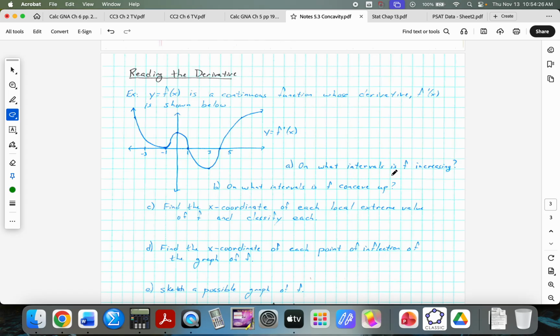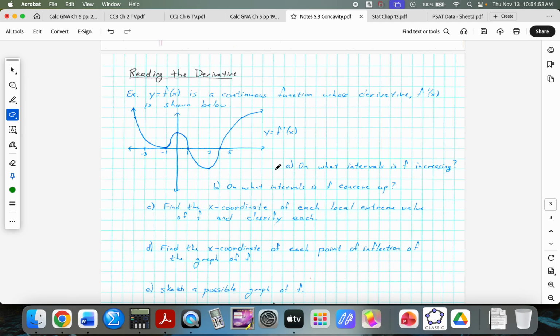So, on what intervals is f increasing? Well, f is going to be increasing when its derivative is positive, right? The derivative is positive through here, 0 at -1, but that actually doesn't trouble us at all because it's just for that one point, then positive again until we get to here.